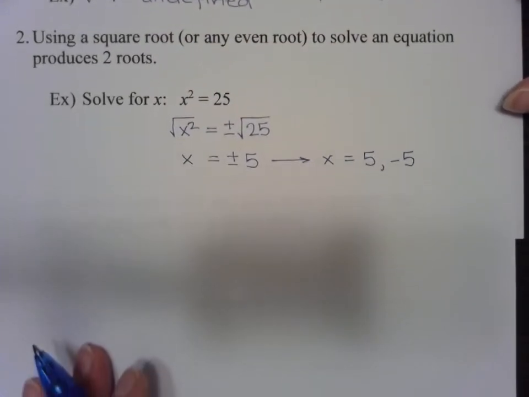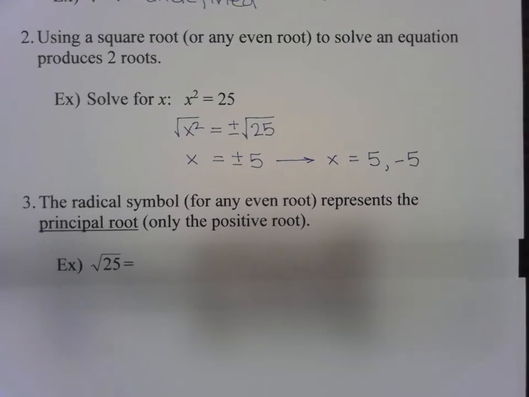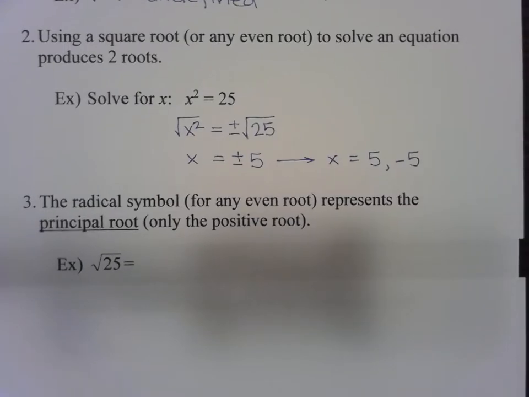Okay, the third property says that the radical symbol for any even root, we're going to talk specifically about a square root right now, represents what's called the principal root. So if I were to just come up to you in conversation, let's say, and I asked you, what is the square root of 25?